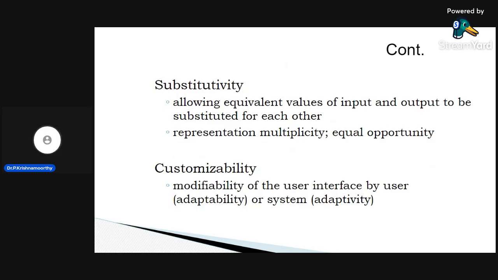Substitutivity allows equivalent values of input and output to be substituted for each other: representation multiplicity and equal opportunity.